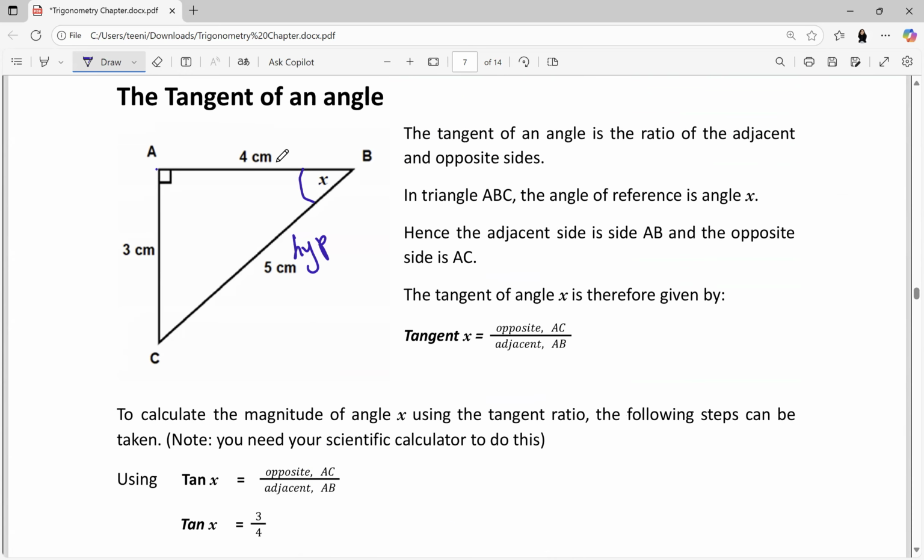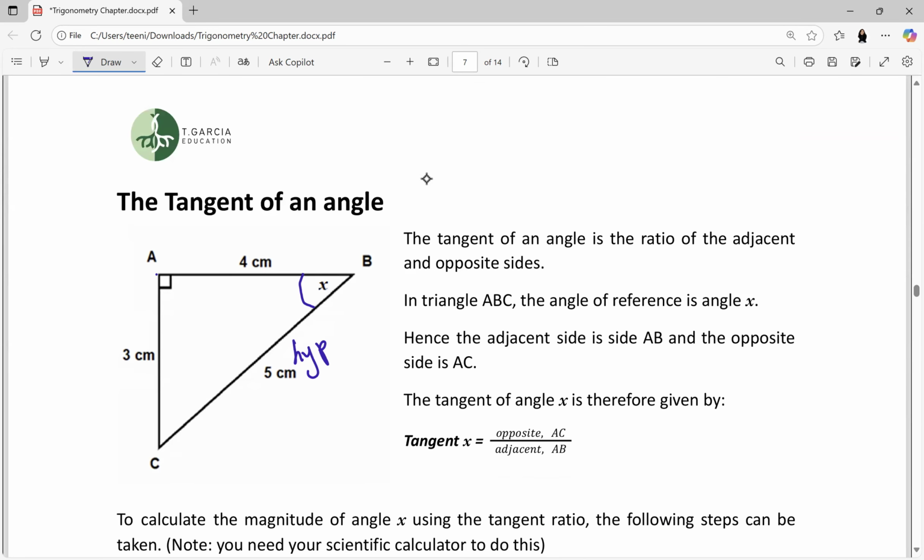The opposite side is opposite the angle X, and the adjacent side is the one remaining side. We recall the ratio for tangent, which is opposite over adjacent. So tan x is equal to the opposite side, which is 3, over the adjacent side, which is 4. Remember, TOA: tangent, opposite, adjacent.